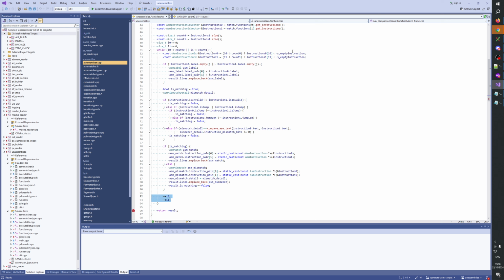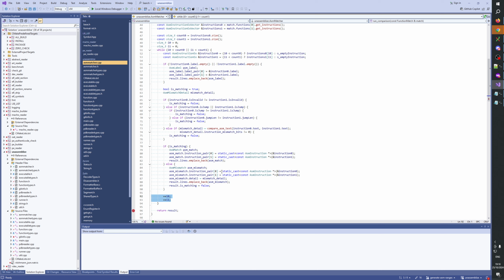We can loop forward on one of the sides, look ahead to later instructions, and compare them with the current instruction on the other side, and then see if we get a match. And then we take the one with the earliest match.